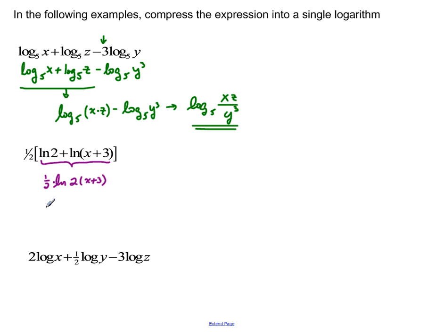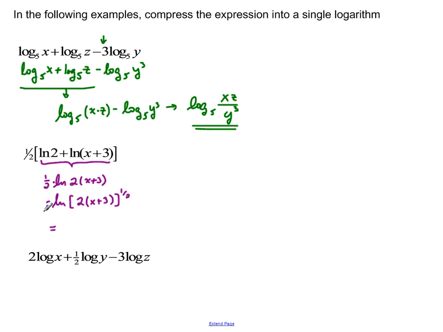So what could I do with that? Well, as a multiplier, it can become an exponent, so that we're actually taking the natural logarithm of the quantity 2 times x plus 3, all raised to the power 1/2. What could I do with that, if anything?